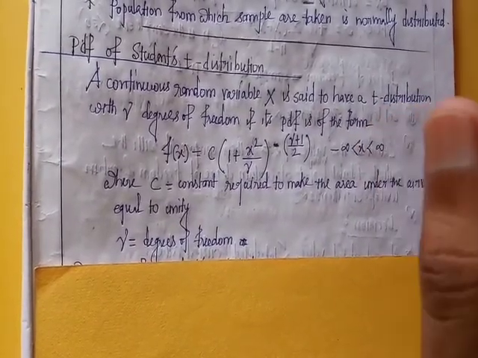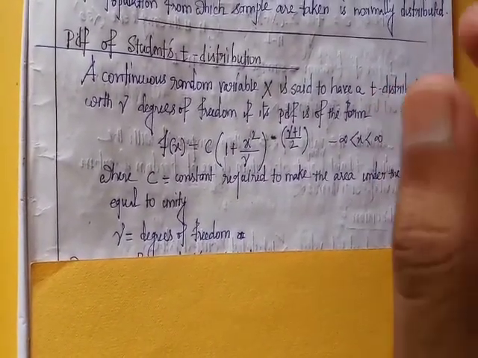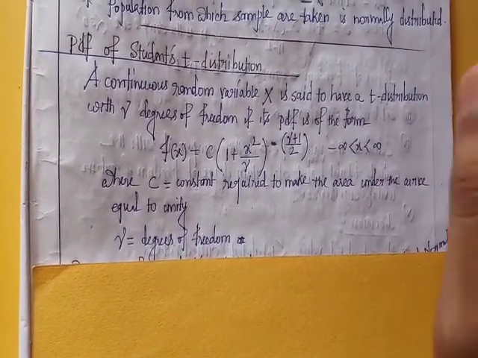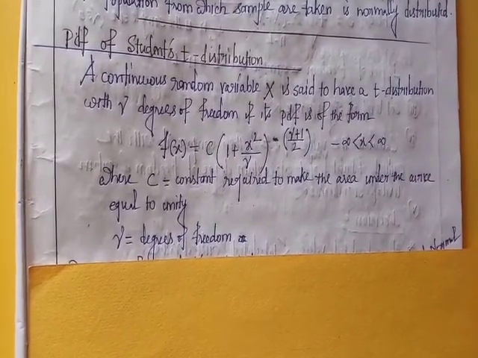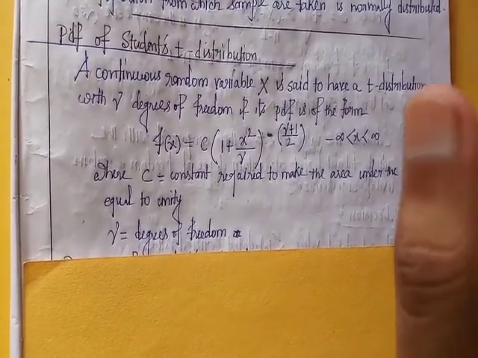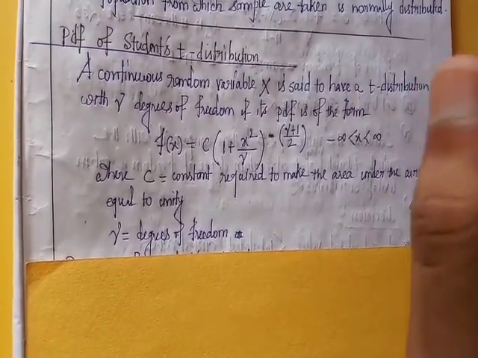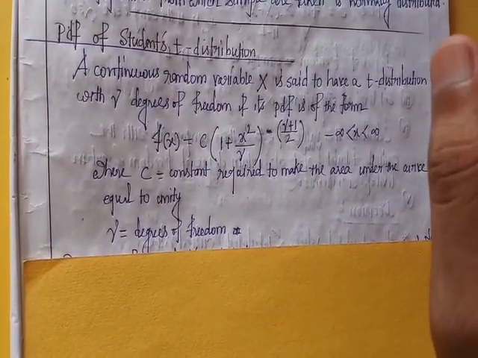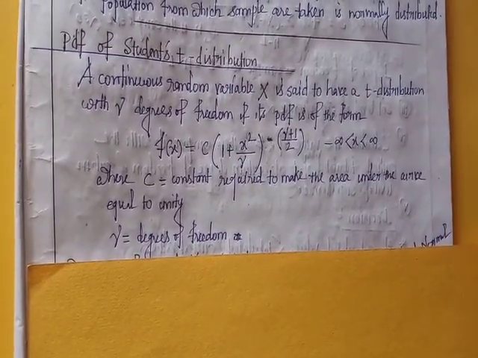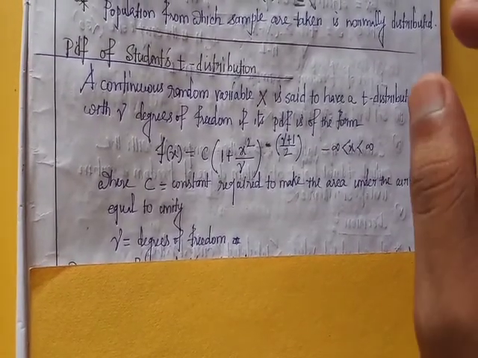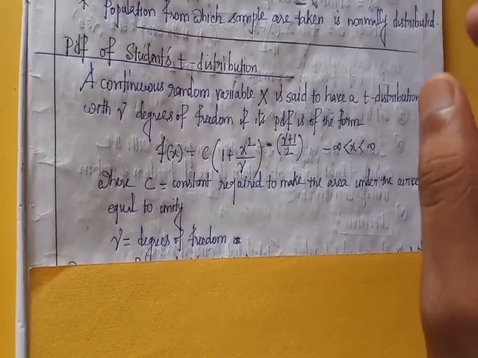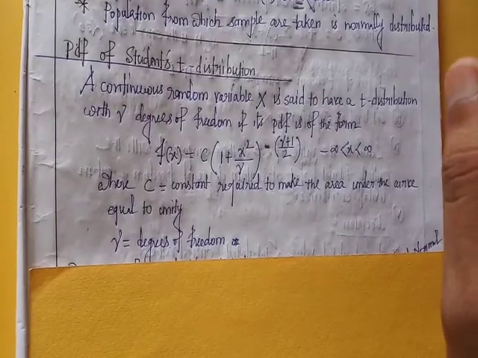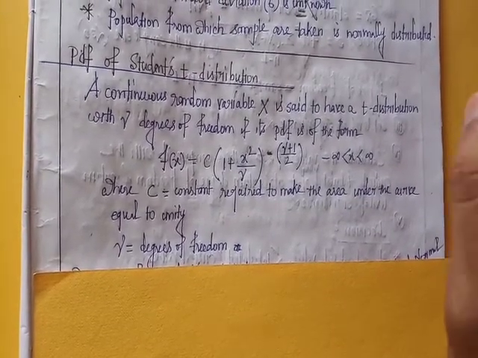And for two independent samples, the formula of degrees of freedom is n1 plus n2 minus 2, where n1 means first sample size and n2 means second sample size.